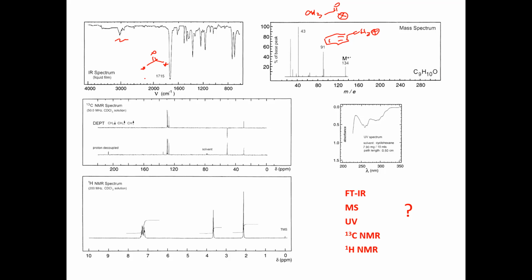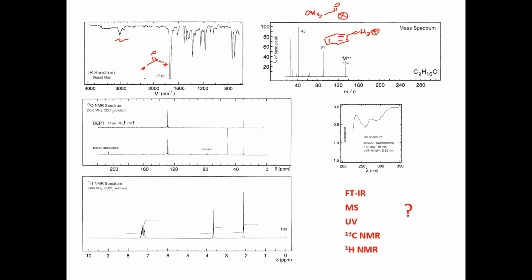Two quaternary carbons. Any carbon that disappears at the DEPT is a quaternary. So you have this little peak here that disappears here. This peak is a quaternary carbon. If you have an aromatic group and a substituent on the aromatic group, the carbon where the substituent is attached is a quaternary.